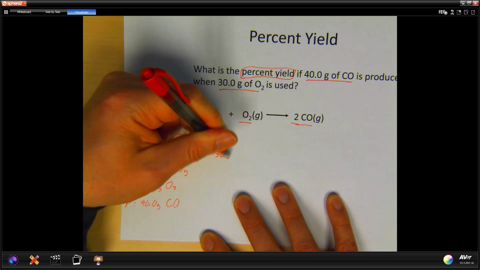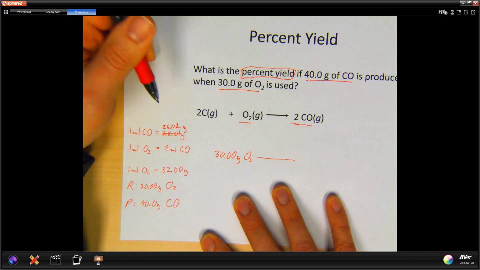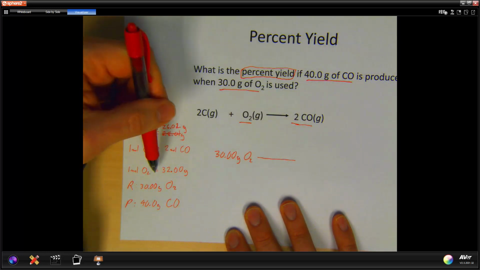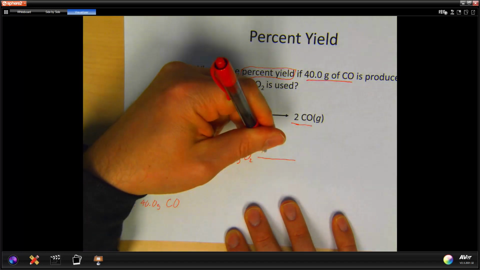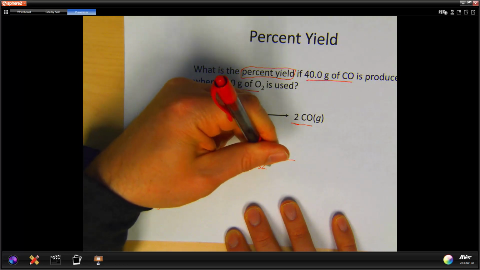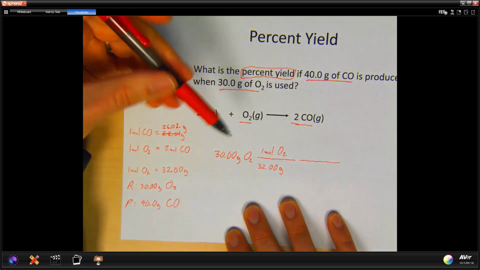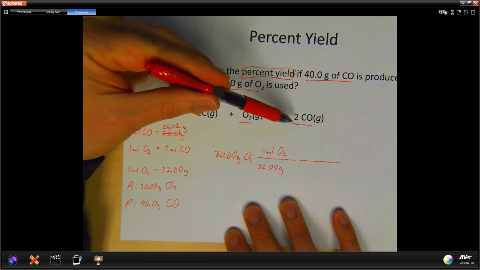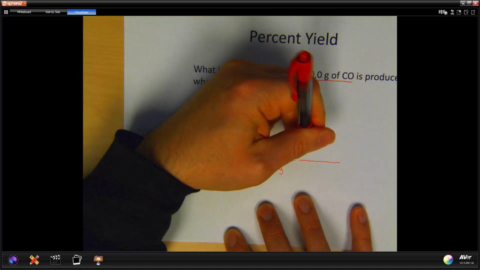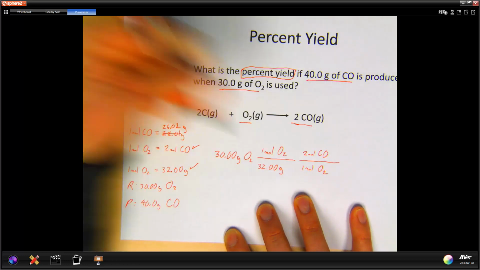So we start there, 30 grams of O2. We want to first find moles. So we have the molar mass, 1 mole of O2 on the top, 32 grams on the bottom. We're looking for CO, so we use the mole ratio next: 2 moles of CO on the top, 1 mole of O2 on the bottom.